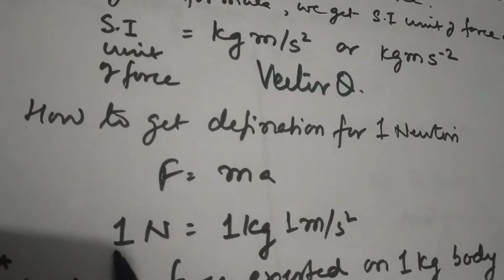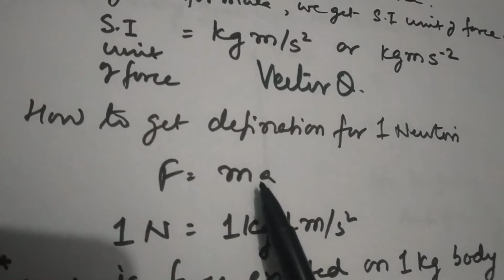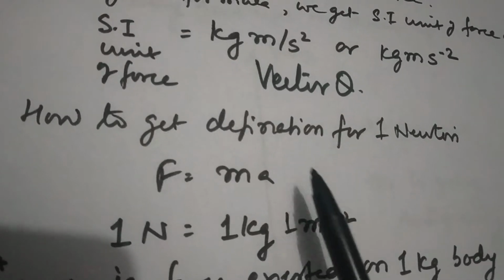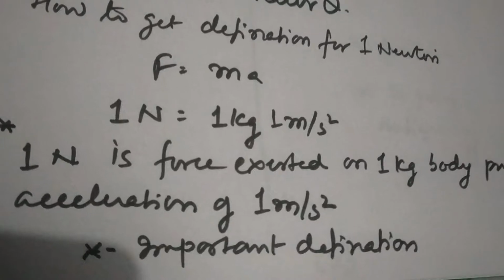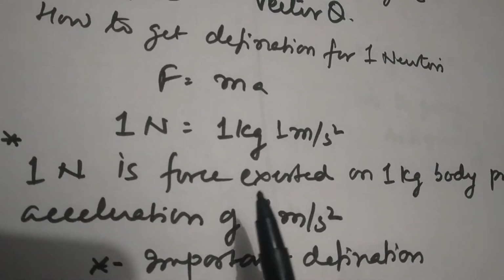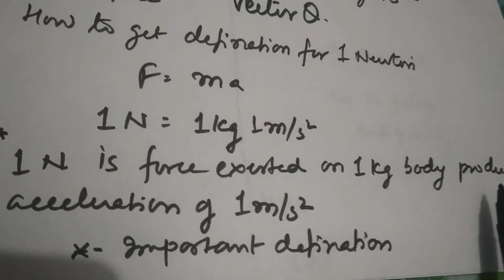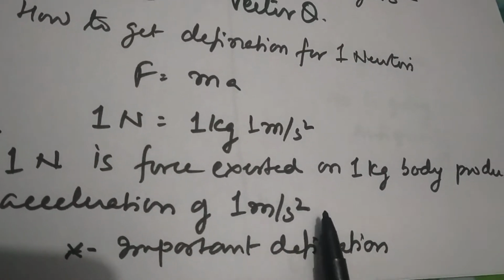It means 1 Newton is the force exerted when a body has a mass of 1 kg and the acceleration produced is 1 meter per second square. In other words, 1 Newton is the force exerted on a 1 kg body which produces an acceleration of 1 meter per second square.